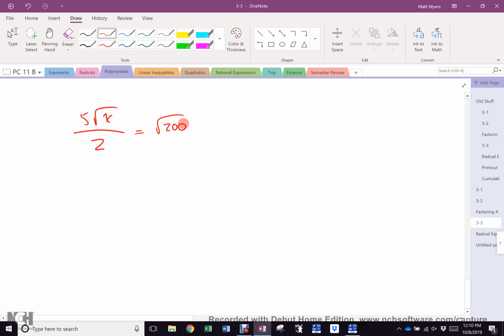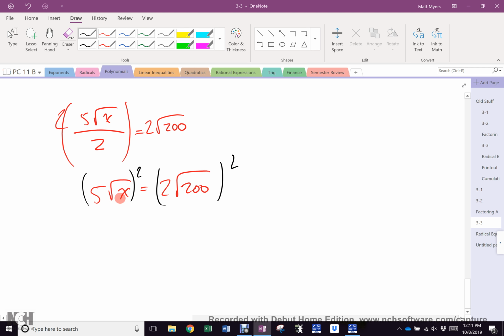Okay, so I would isolate this radical, yeah? How do I get rid of that divided by 2? Times 2 times 2. So now I've got 5 root x equals 2 root 2. And this was something that was on the board yesterday. Now what? Square both sides.